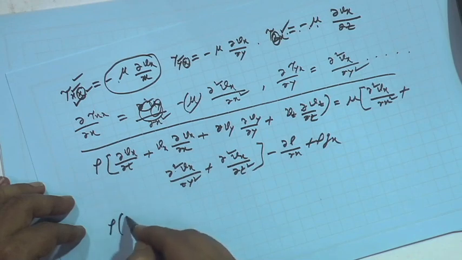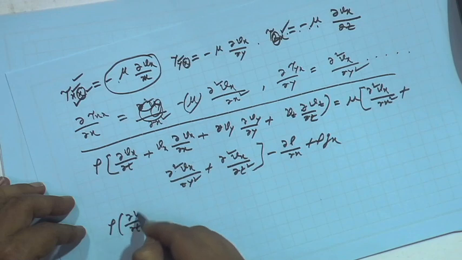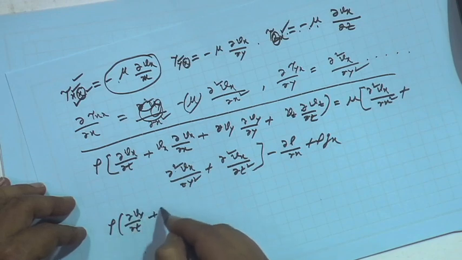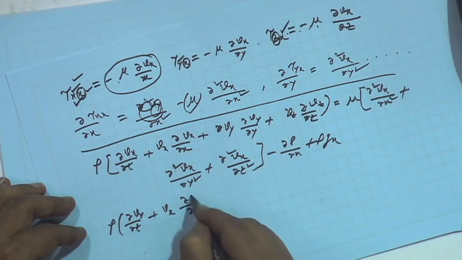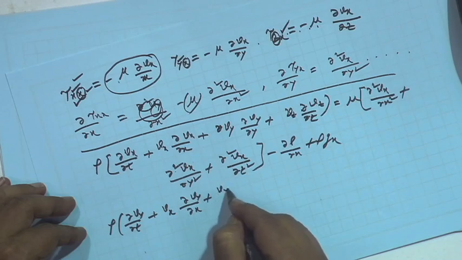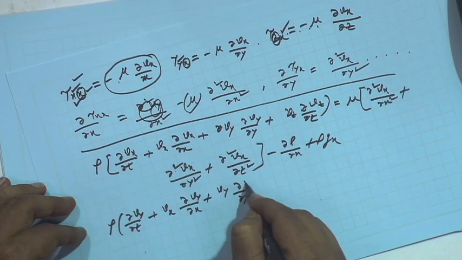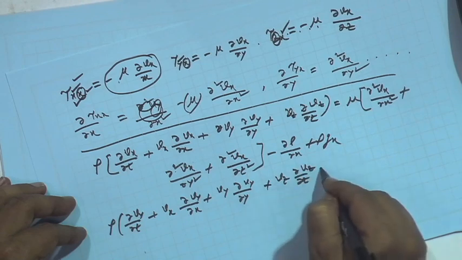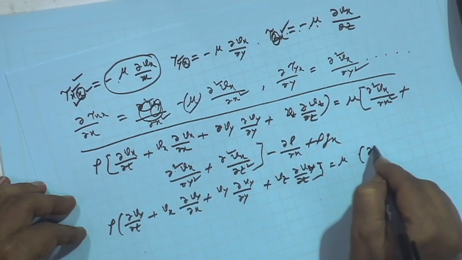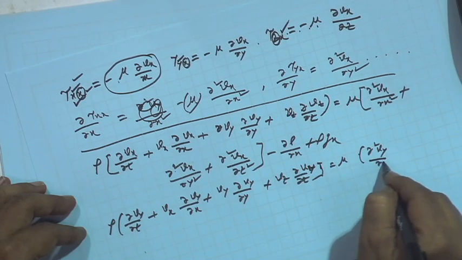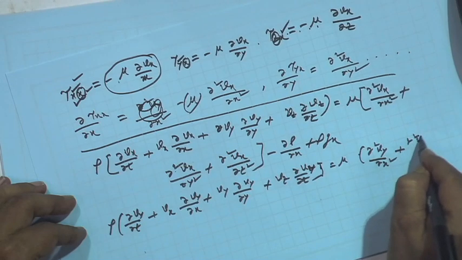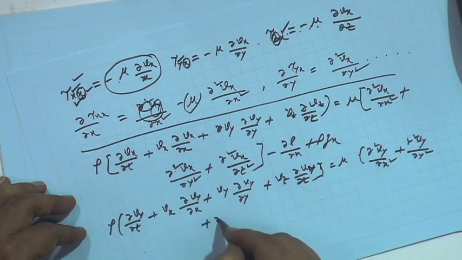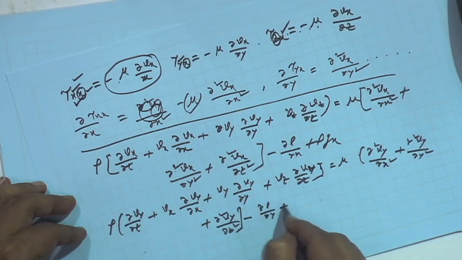For the y component we can write rho times del Vy del t plus Vx del Vy del x plus Vy del Vy del y plus Vz del Vy del z equals mu times del 2 Vy del x square plus del 2 Vy del y square plus del 2 Vy del z square, minus del p del y plus rho gy.